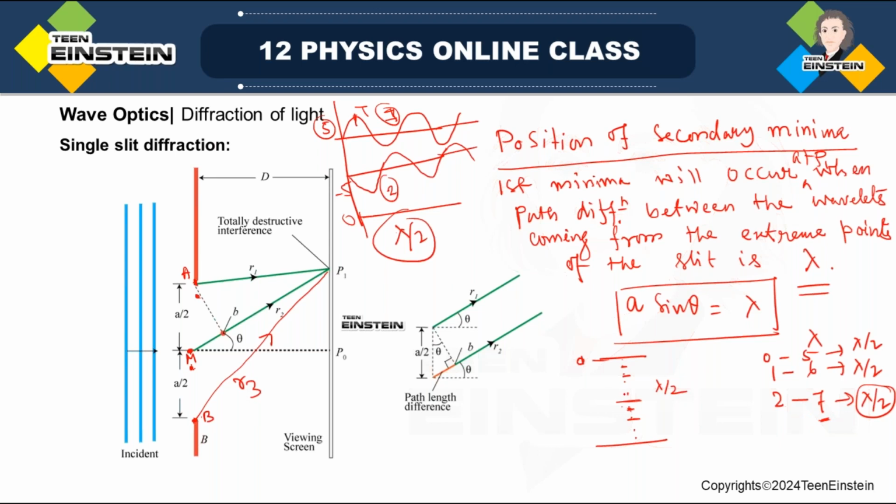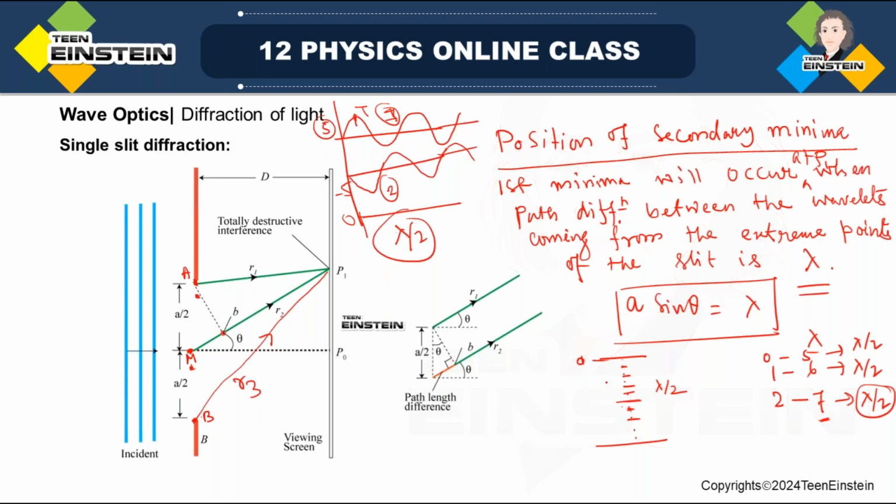Like that, you will have all corresponding points in the upper half. If you take one point in the upper half, you will get a corresponding point in the lower half for which the path difference will be lambda by 2.